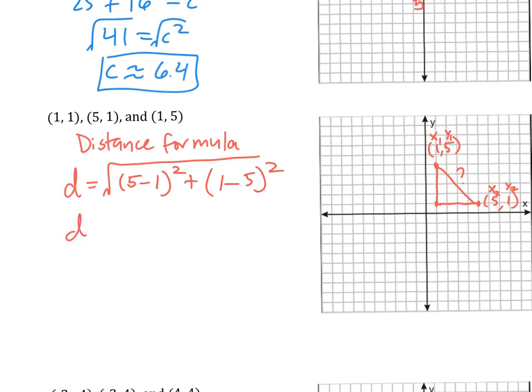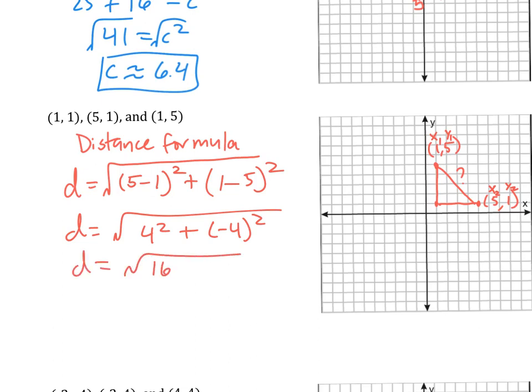So d will be equal to the square root of 5 minus 1 is 4 squared, plus 1 minus 5 is -4 squared. Then 4 squared is 16, plus negative 4 squared is not negative 16, but a positive 16, because a negative times a negative always gives us a positive number. So d is equal to the square root of 32.